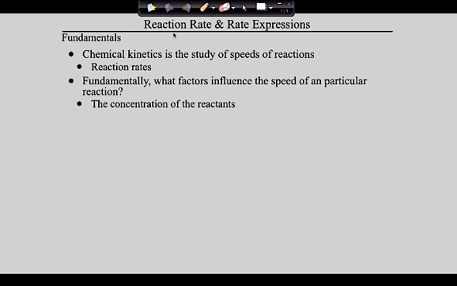Is it a frequency or a magnitude issue? It's a frequency issue. Putting more in there doesn't make them hit harder, it makes them hit more often. So you can write down the word why if you want, but the thing that you need to write down is this: concentration influences the rate of the reaction, and that's a frequency issue.